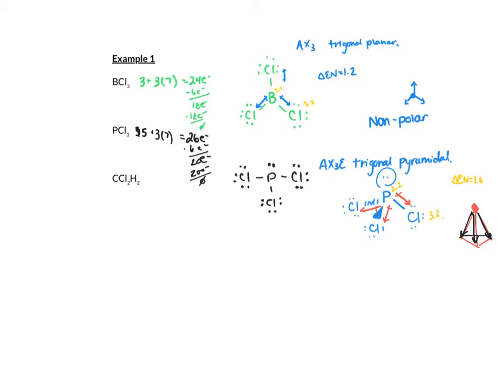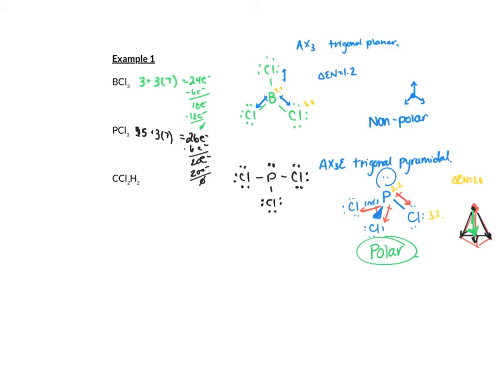If that's the case, phosphorus doesn't have anything pulling upwards here because it's filled with a lone pair at the top. So without that doing any sort of push or pull, phosphorus is going to move down with our chlorines. So it will be pulled a little bit by our chlorines. Therefore, this is a polar molecule.